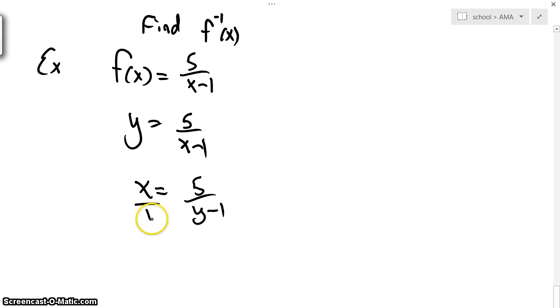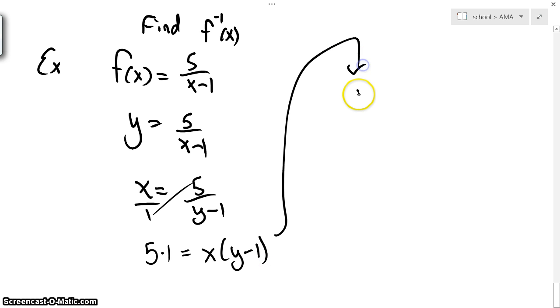Let's do that now. 1 times 5 would equal x times y minus 1. And just to help you out, I think sometimes kids want to distribute the x. You certainly may. But remember, ultimately, I want to get y alone. So this might surprise you a little bit.